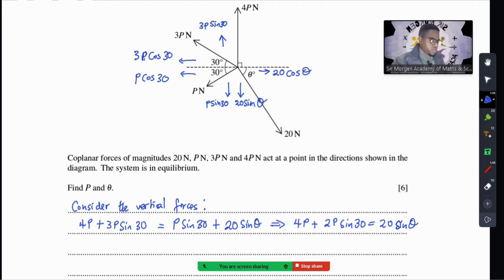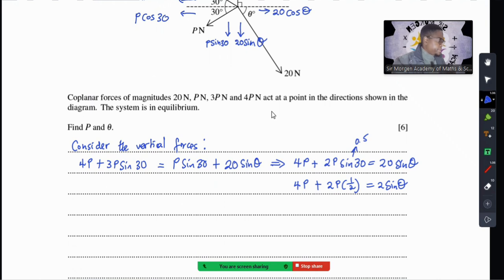Right, what is sine 30? Sine 30 is 0.5, it's half. So that means here we have 4p plus 2p times half equals 20 sine theta.